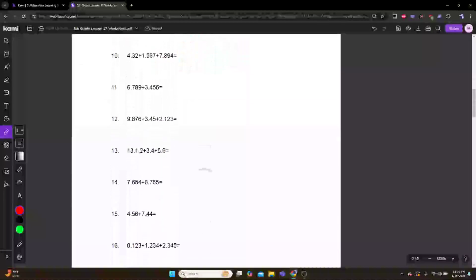Okay, now let's try another 3-number problem. 9.876 plus 3.45 plus 2.123. So we add all of these together. So 9, and then 7 plus 5 is 12, then 12 plus 2 is 14.